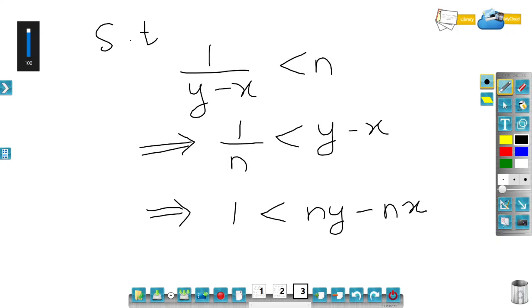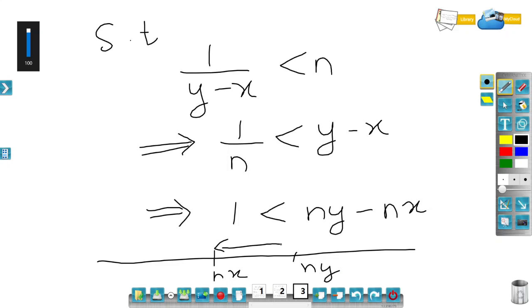What does this mean? This means if I draw this on a real line, my nx lies here, ny lies here. So it says that the distance between ny and nx is bigger than 1.